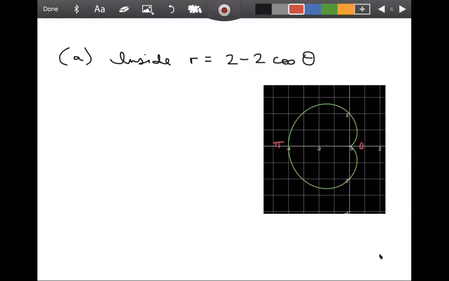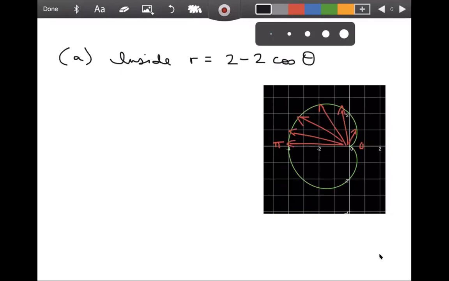So I'm just going to integrate from 0 to pi, which is going to cover this region here all the way here. And then I'm going to multiply that by 2. All right. I don't know if it'll technically make anything any simpler, but that's what I'm going to do.